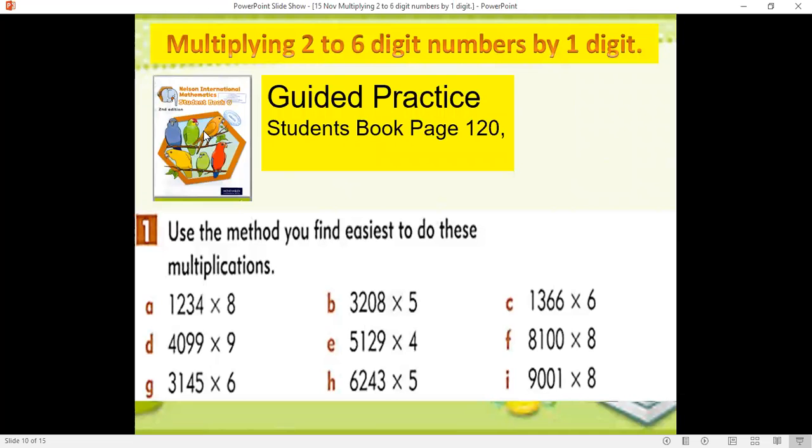Okay, in your student book, page 120, you can multiply this one using any method, the easiest that you find. Or you can do the one that I have just explained. You can use the grid method or partitioning.